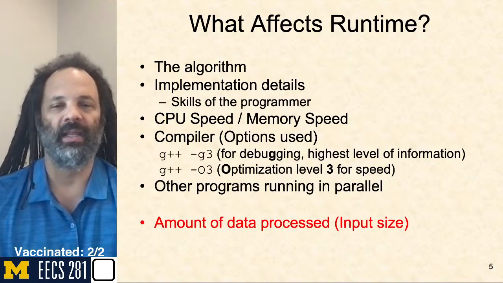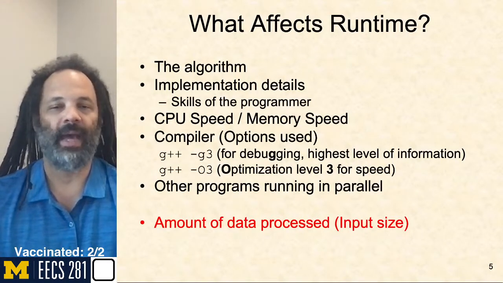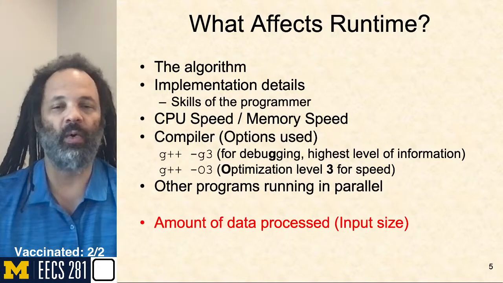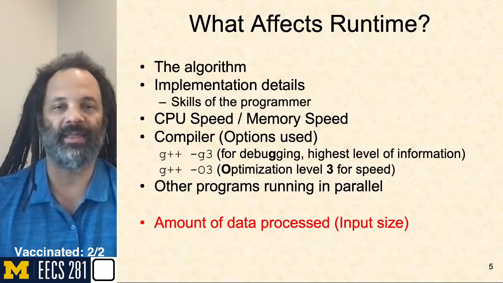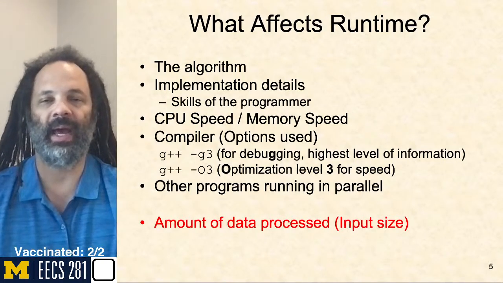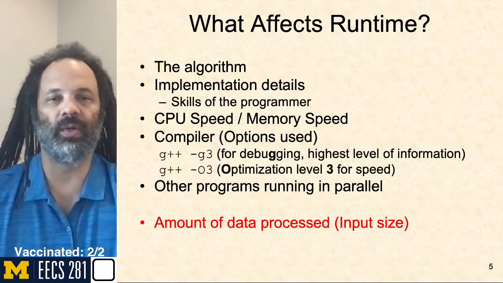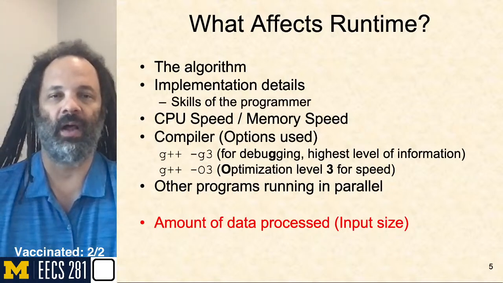That's because this executable was generated with debugging information embedded in it. The optimizations that come in the O3 build are pretty substantial. They do a lot of things that will give us more speed that we might not do ourselves. And so it's important to use those when you're trying to get graded on the autograder.